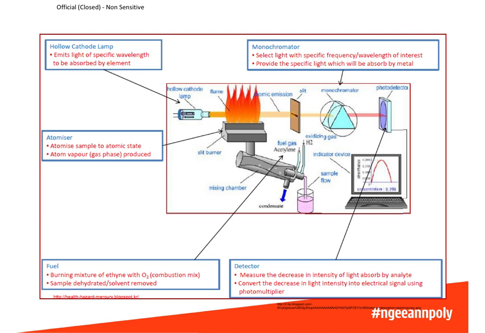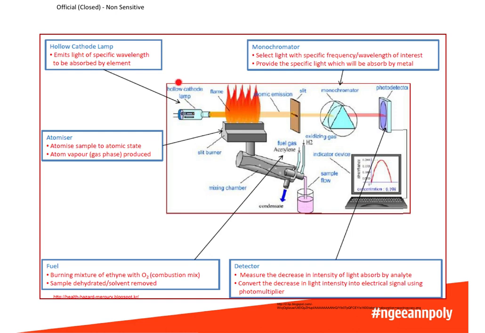Let's take a look at what happens inside the atomic absorption spectrometer. The sample used is typically an aqueous solution. This sample is aspirated up into the flame. This causes the sample to evaporate and become atomized. Atomized means that the sample is now in the atomic state in the form of an atom vapor or a gas phase.